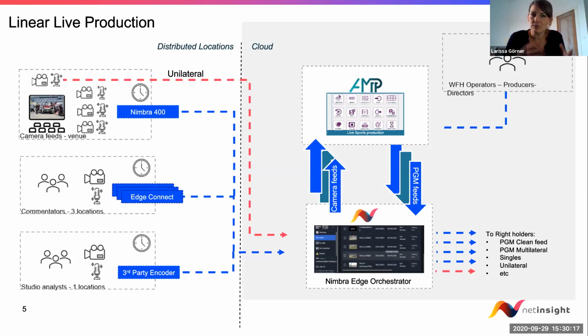Or you have a big infrastructure and you want something which is a central processing. So you would use, for example, Nimbra Edge to transport all these different signals to that central location, where you then can also have all your processing done, your switching done, and then also, of course, distribute it out.